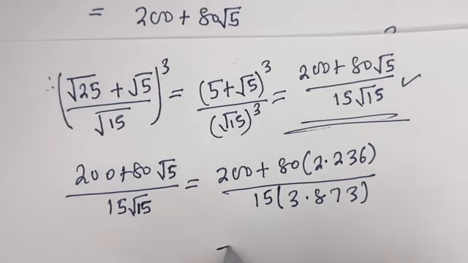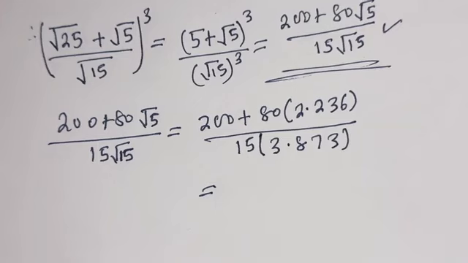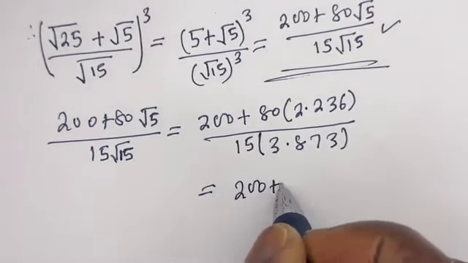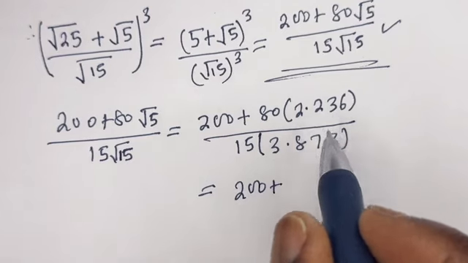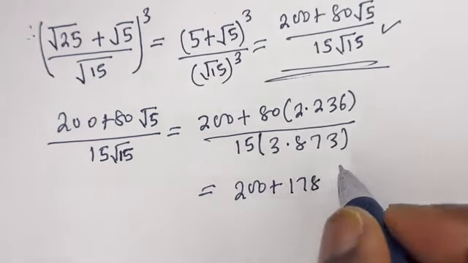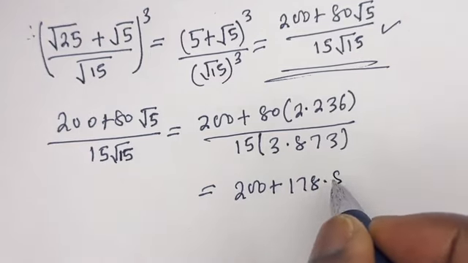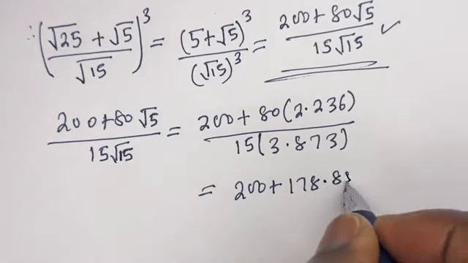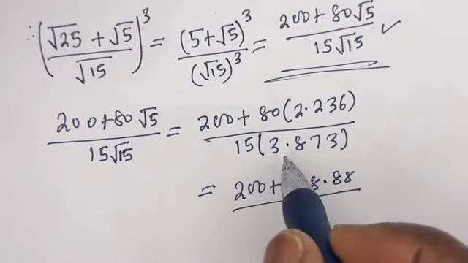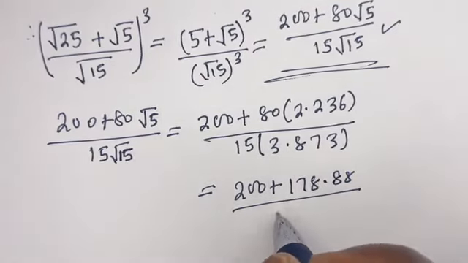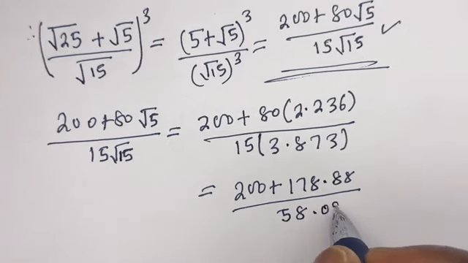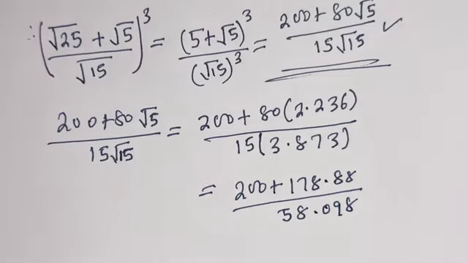This is equal to 200 plus 80 multiplied by 2.236. We have 178.88, divided by 15 multiplied by 3.873. That is 58.098.